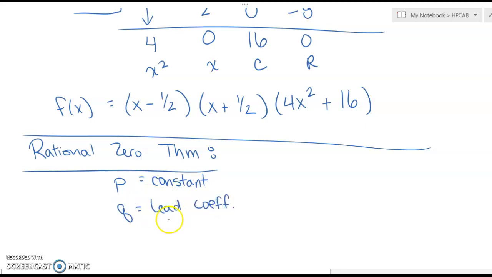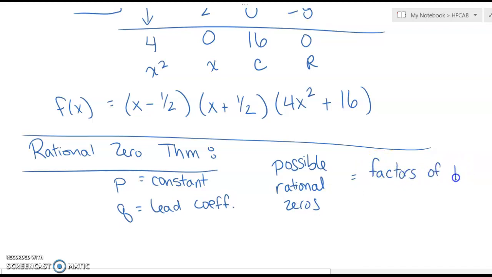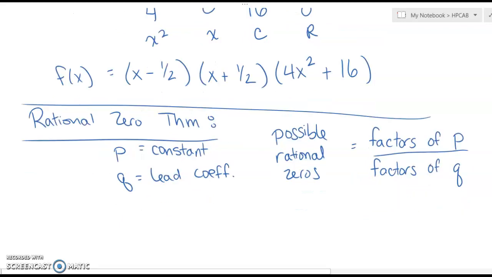I'm going to abbreviate lead coefficient. The possible rational zeros, all right, is going to be the factors of P, so everything that goes into P, divided by the factors of Q. And I'll explain that with some examples.